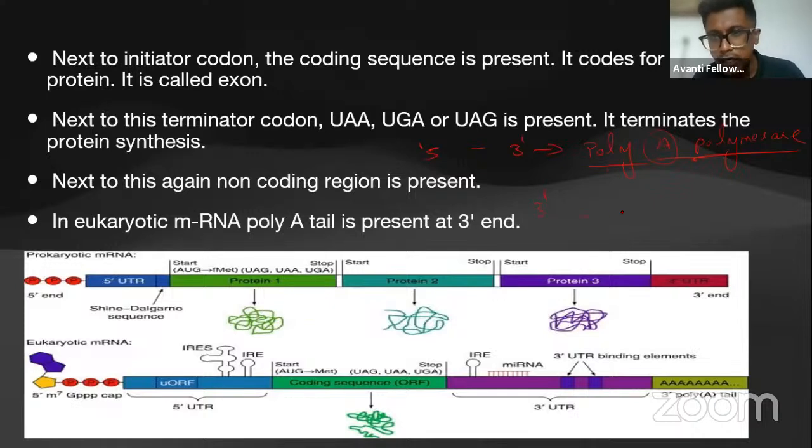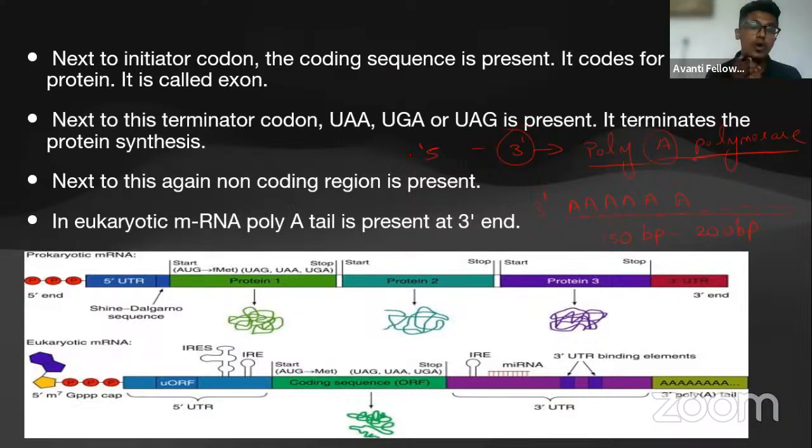At the 3' end, it will start adding a 150 to 200 base long adenine tail. So there will be a long adenine tail on your mRNA at the 3' end.